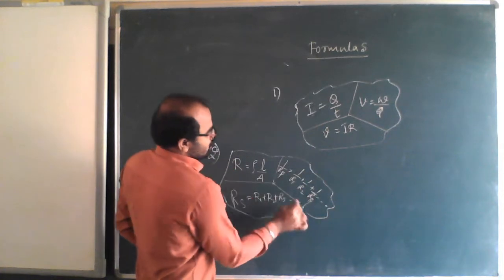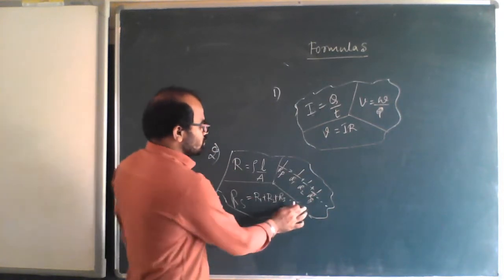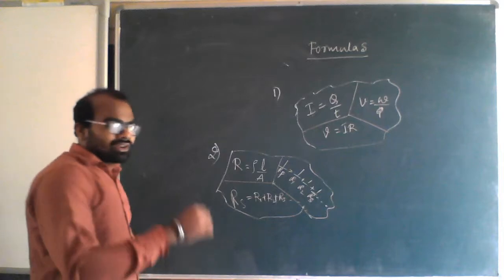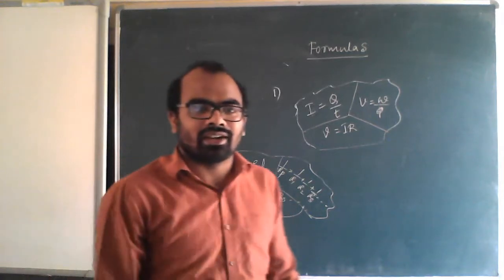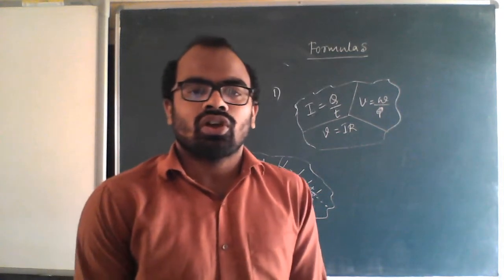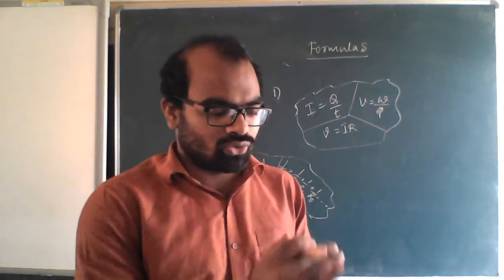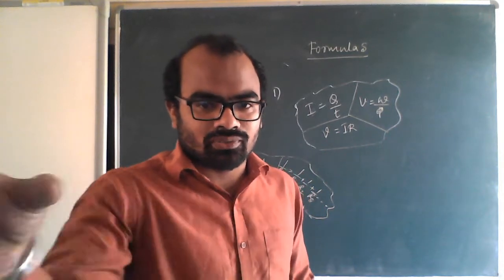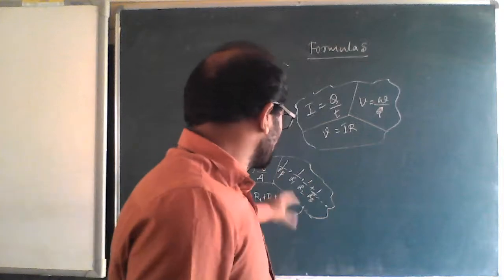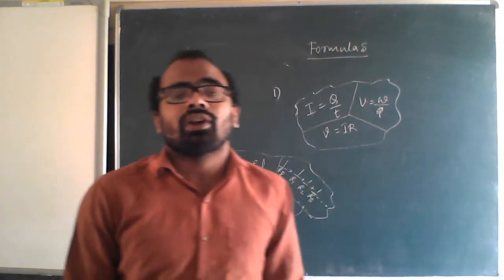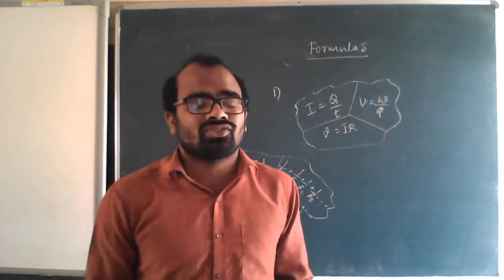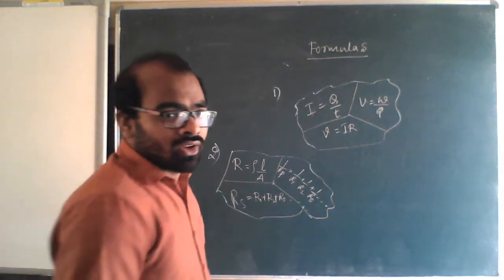So you make blocks like this, or you can make a rectangle also. In the rectangle you remember these formulas, or make a list but keep the groups separate. Or if you are able to remember all the formulas at a stretch, you can do that.